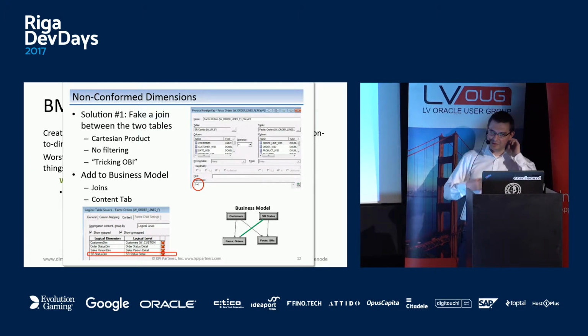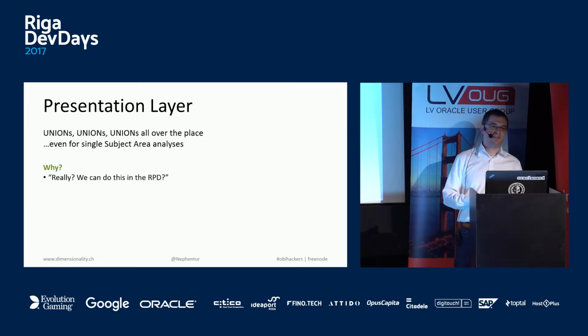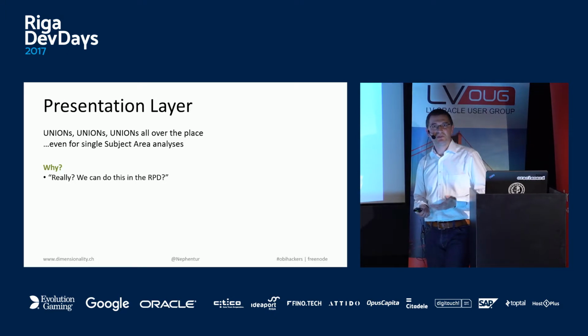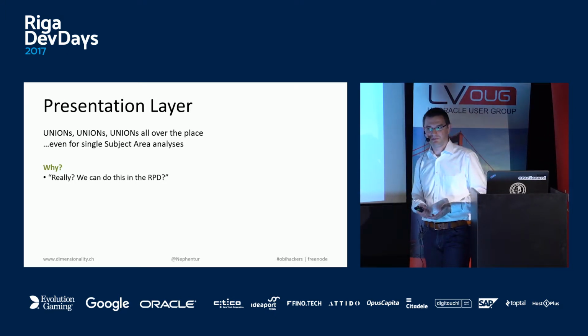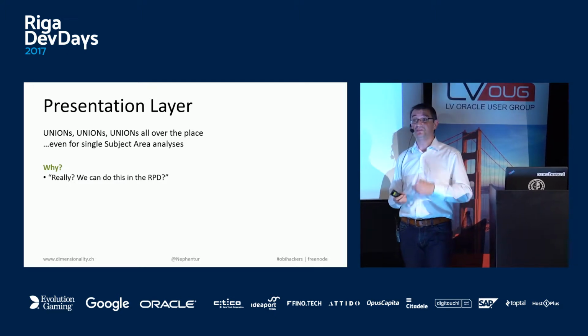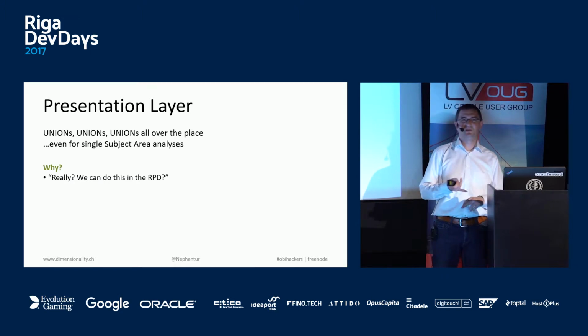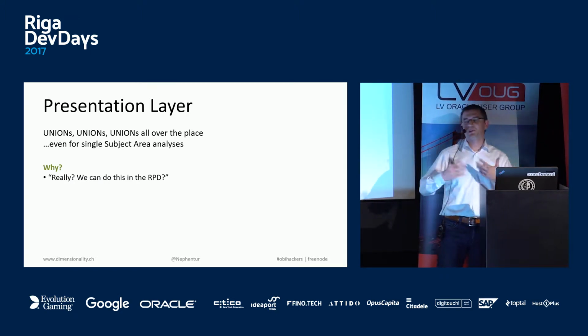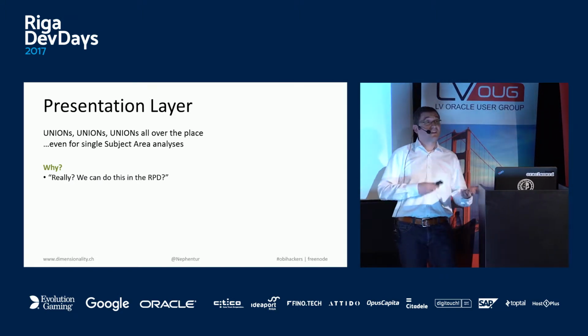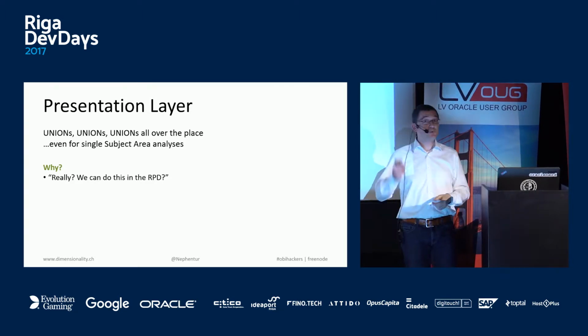So, jumping forward to the last layer of the repository, the presentation layer. A lot of people are used to writing SQL. A lot of report developers are used to writing SQL because they use stuff like Crystal Reports, Actuate, Cognos, whatever, and they just write queries and queries and queries. So they come to an analytics tool and think, ah, cool, I found the option to do unions.